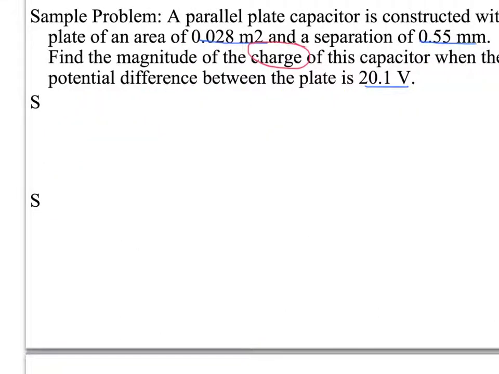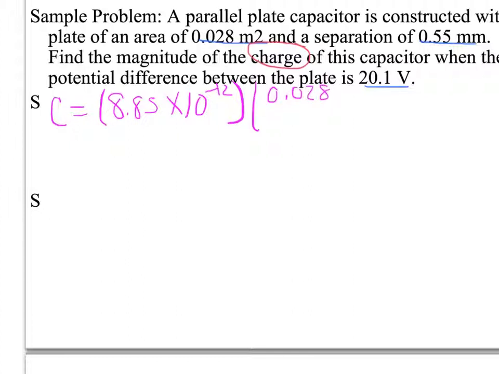The next two steps of this problem are to substitute and solve. We must first substitute and solve for C, our capacitance, so that we can then solve for the charge. So, C equals our permittivity constant, epsilon naught, which is 8.85 times 10 to the negative 12, times our area, which was 0.028, divided by our distance, which when we converted was 0.00055.